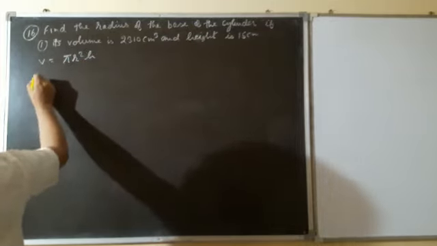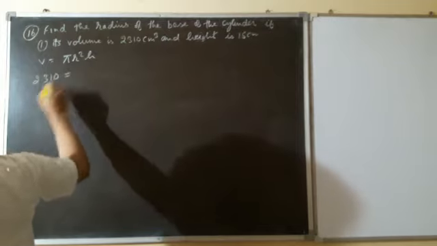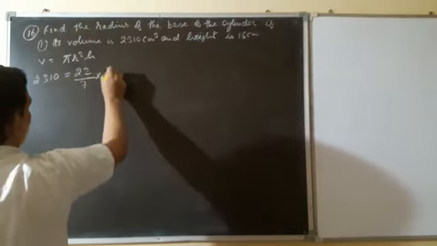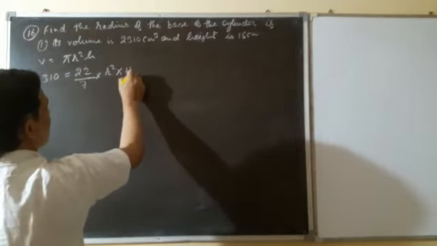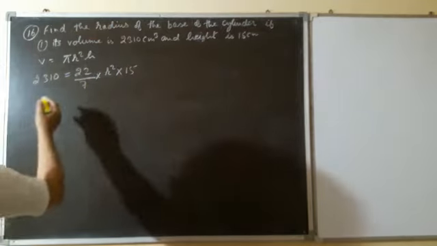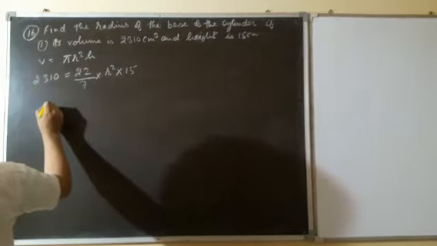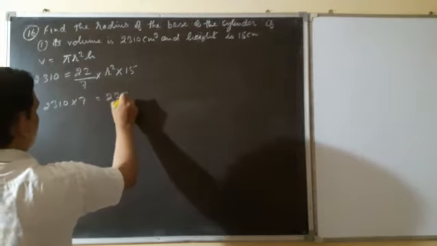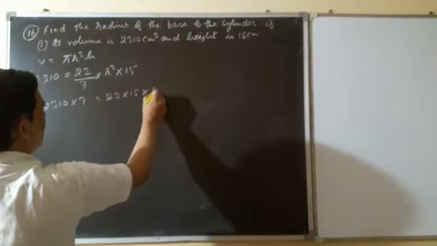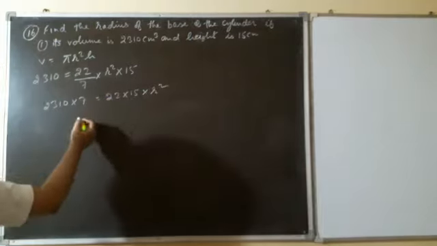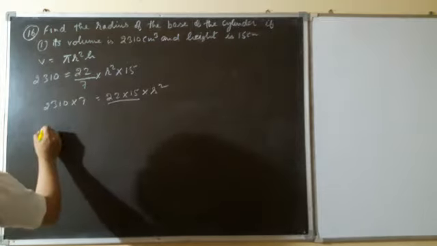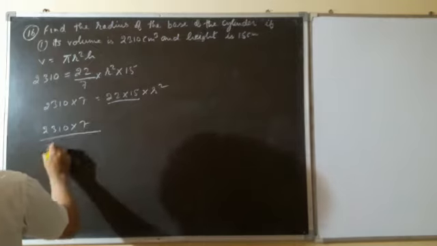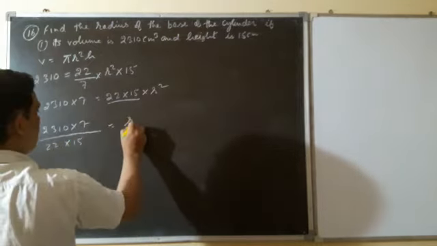So here volume is given 2310 is equal to, in place of pi we will write 22 upon 7, r square we have to find out and height is given 15. Now we will do cross multiplication, then it will become 2310 into 7 is equal to 22 into 15 into r square. Now we will transpose this number to the left hand side, then it will become 2310 into 7 upon 22 into 15 is equal to r square.